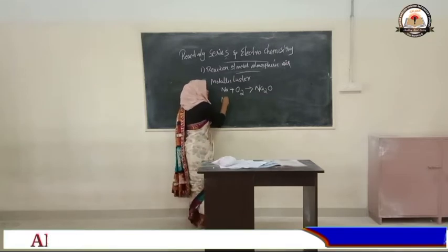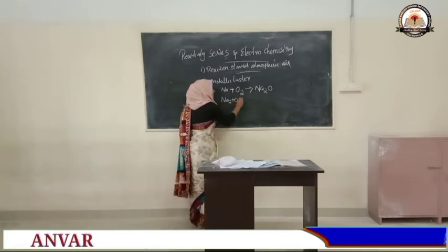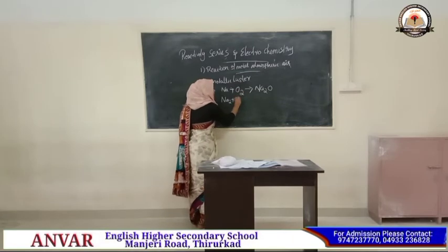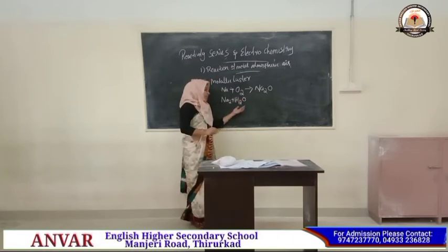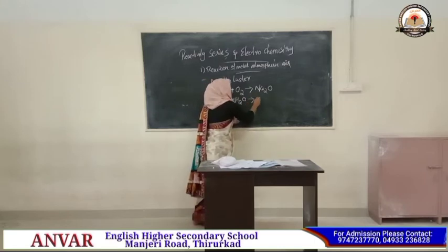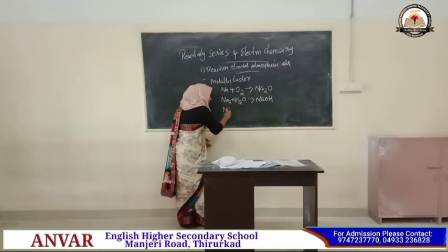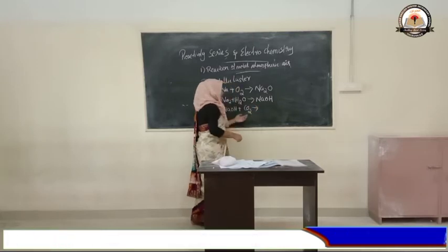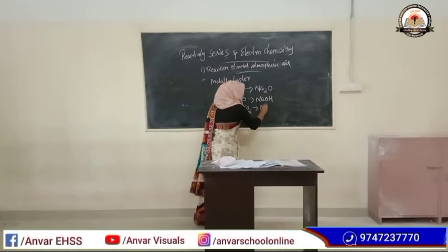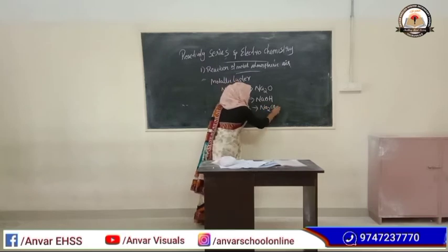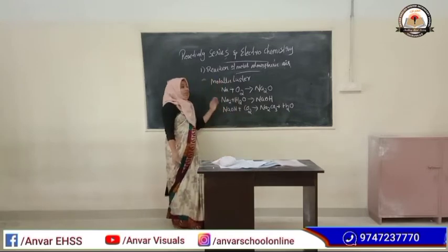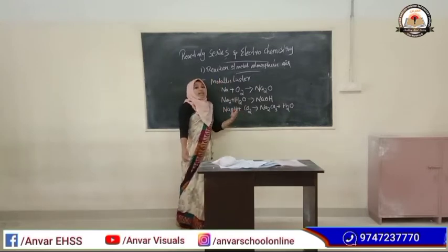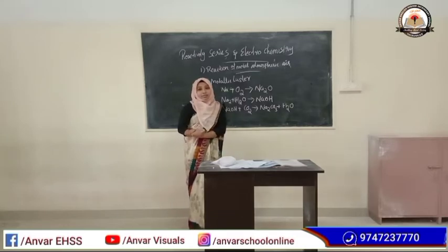And again sodium oxide reacts with water molecules present in our atmosphere and forms sodium hydroxide. The sodium hydroxide again reacts with carbon dioxide from the atmosphere and forms sodium carbonate and water. This is the reaction that leads to loss of the shining of metals.